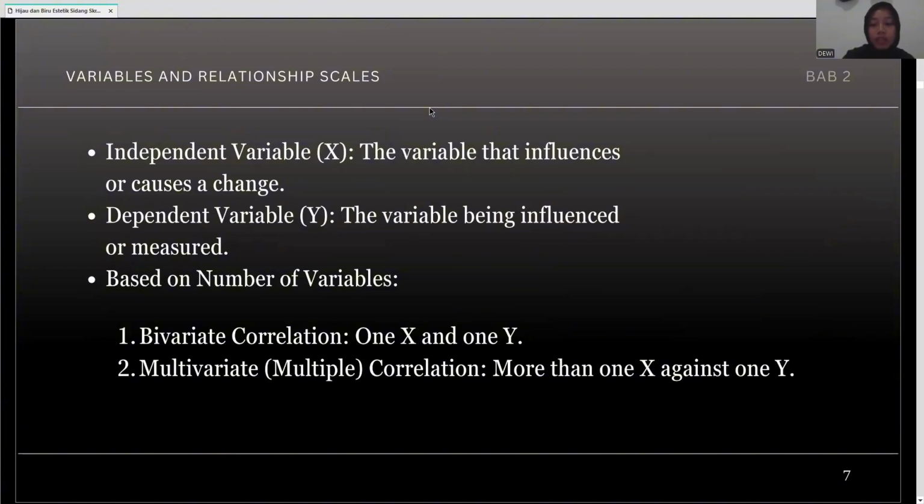In correlational research, we have the independent variable, which influences, and the dependent variable, which is influenced. Based on the number of variables, correlation can be bivariate, meaning one X and one Y, or multivariate, meaning more than one X influencing one Y.